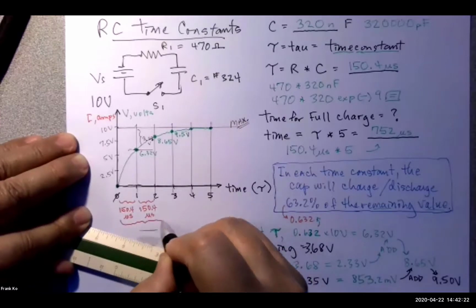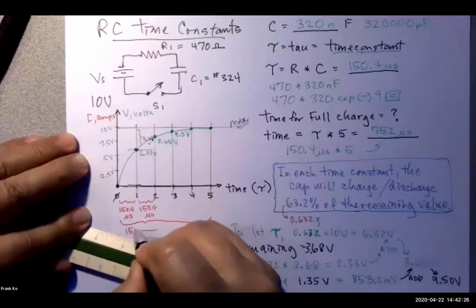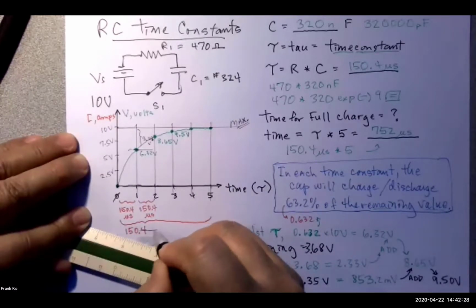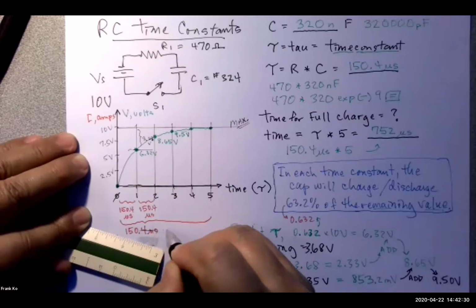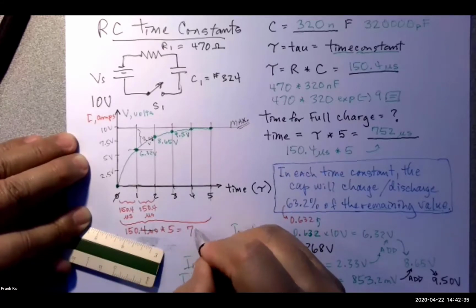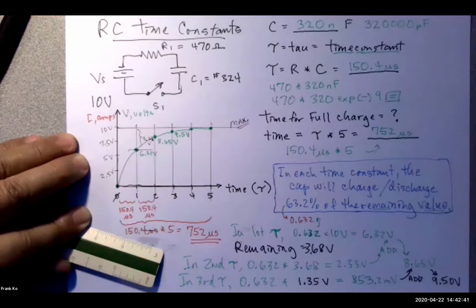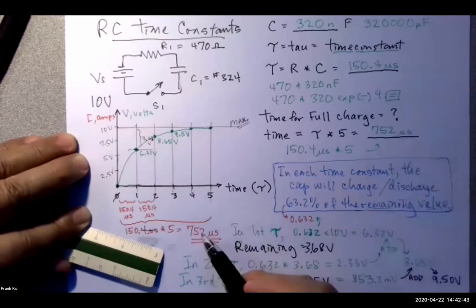Well, in total, how much do I have for the 5 time constants? It will be 150.4 microseconds times 5, and that will give me 752 microseconds for the total time for this to reach full charge.